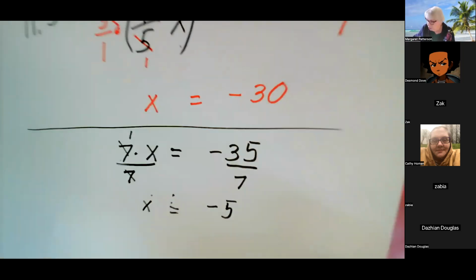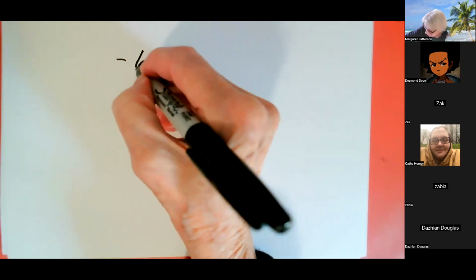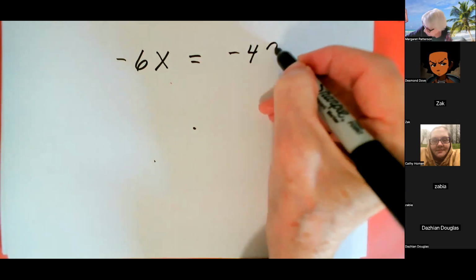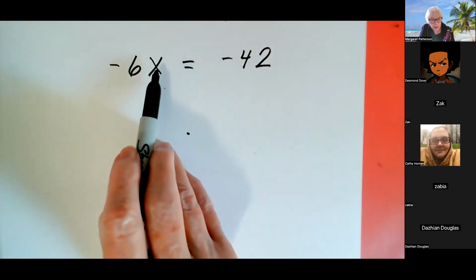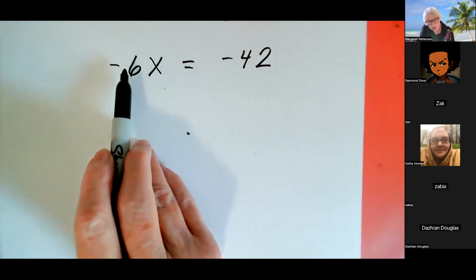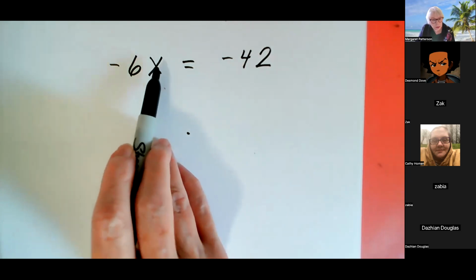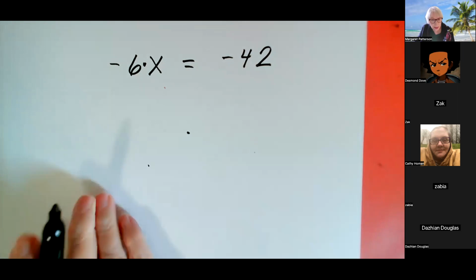What I wanted you to see next is this. Let's see if I can find it. Here's my x. Here's the number that has to go. This number, -6, is multiplied to x. You don't have to say so, but it's true.